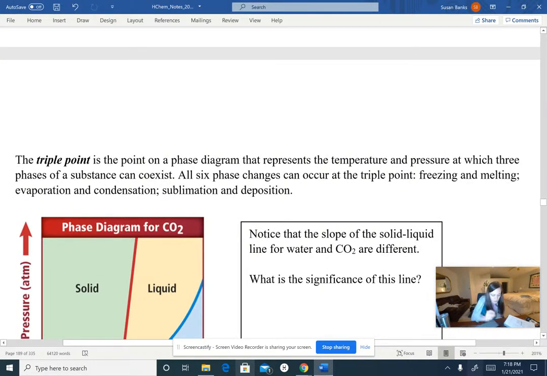So triple point is the point on the phase diagram that represents the temperature and pressure at which three phases, solid, liquid, and gas, all can coexist. All six phase changes, sublimation, deposition, freezing, melting, vaporizing, and condensing, are all happening at the same time. It's pretty cool. We'll see you later. Have a great day. Bye.